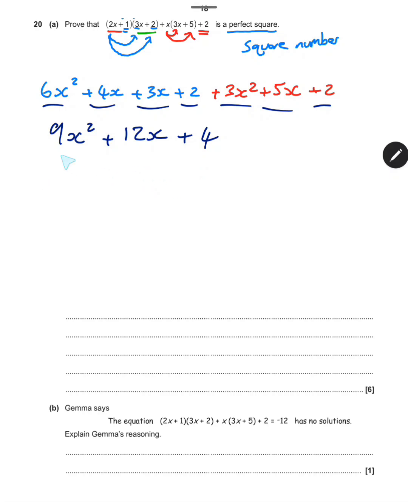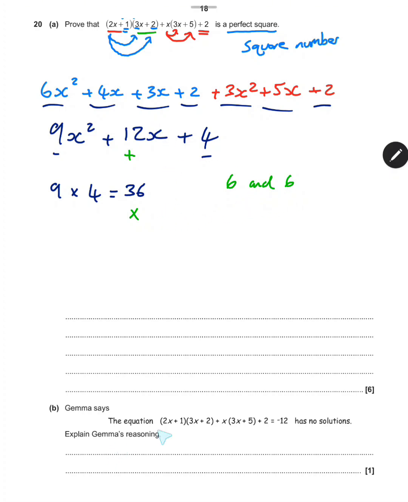I'm going to start with doing 9 times 4, and that is 36. What I'm looking for now is two numbers that add to 12 but multiply to 36. And the only two numbers that add to 12 and times to 36 are 6 and 6. 6 sixes are 36 and 6 add 6 is 12.